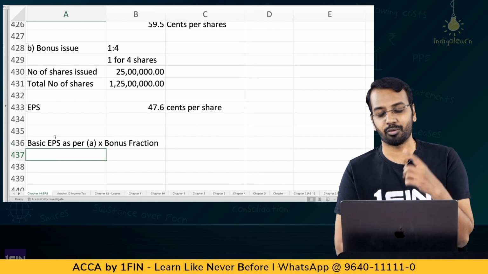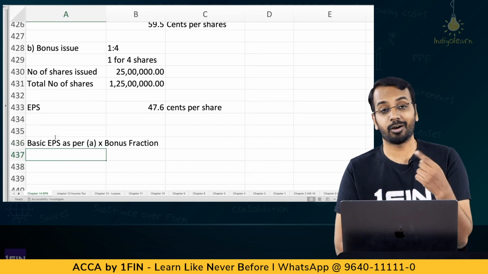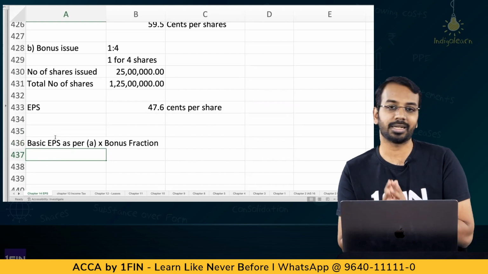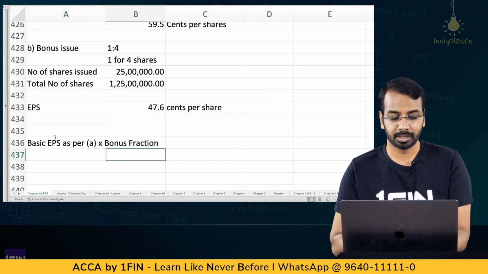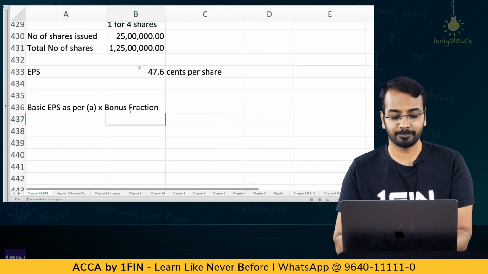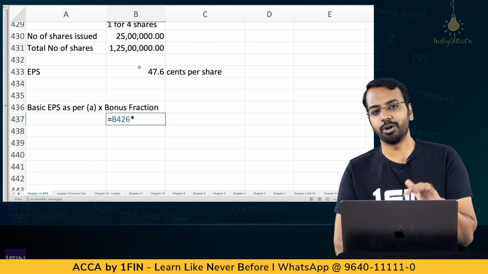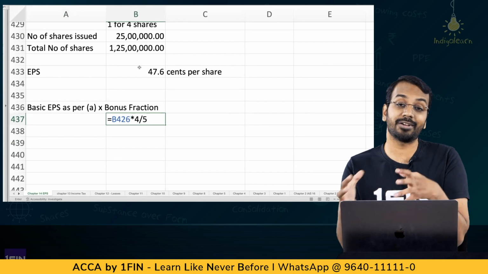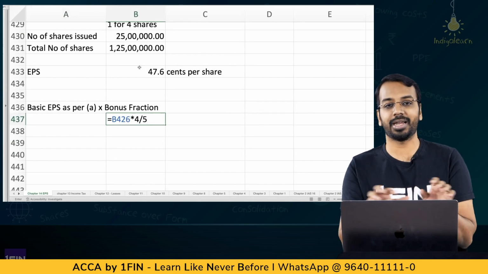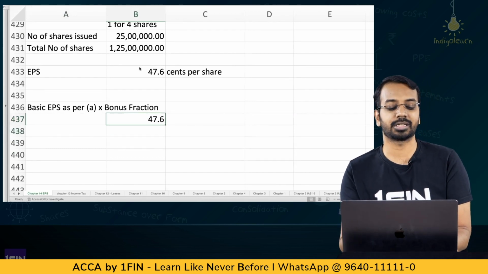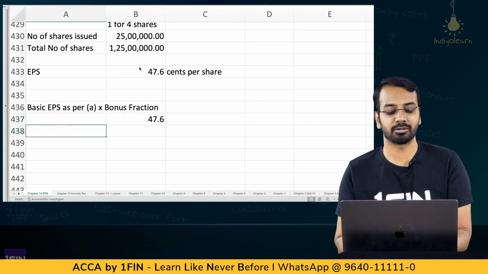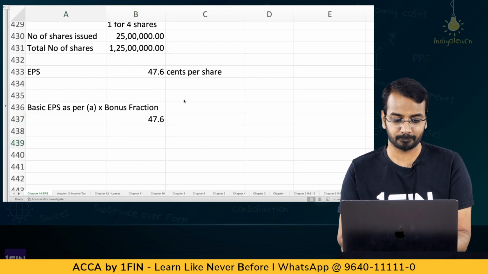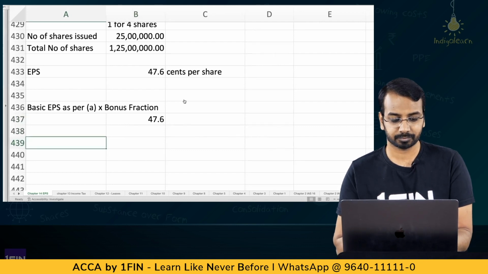Bonus fraction is basically how many shares you had earlier, how many shares get added, and what is the total shares after that addition. So, 59.5 multiplied by, originally you had 4 shares, now you will have 5 shares. So earnings available for 4 shares will now be divided amongst 5 shares. So you will get 47.6. That is also another way to do that particular calculation.